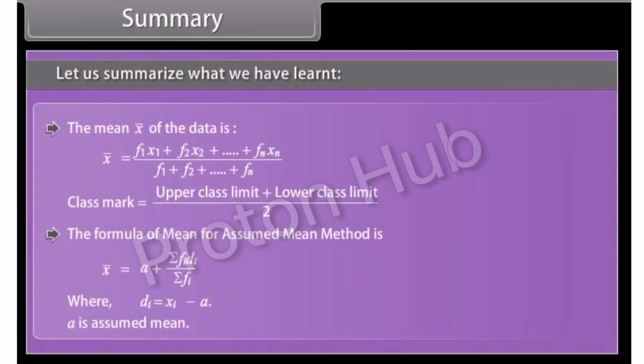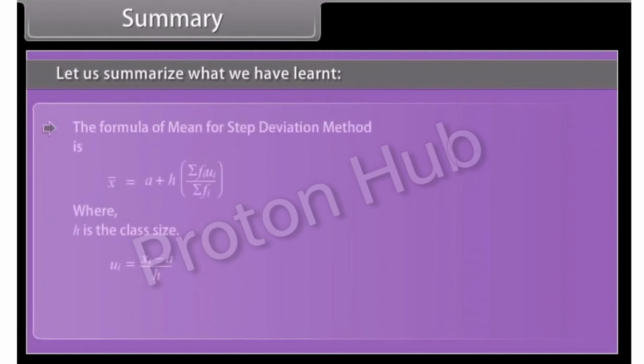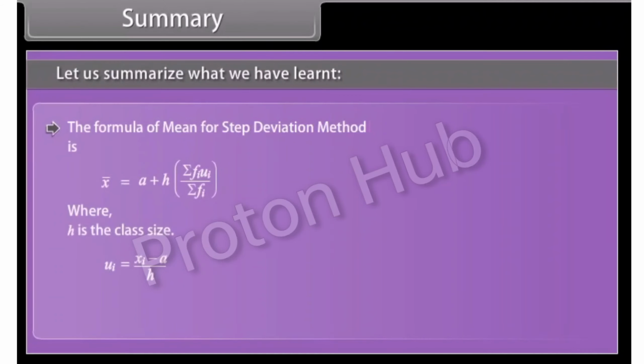The formula of mean for the step deviation method is assumed mean plus h multiplied by summation of the product of fi and ui divided by summation of fi, where h is the class size and ui equals xi minus a divided by h. In grouped data, the value of the mode can be found by the formula as given.